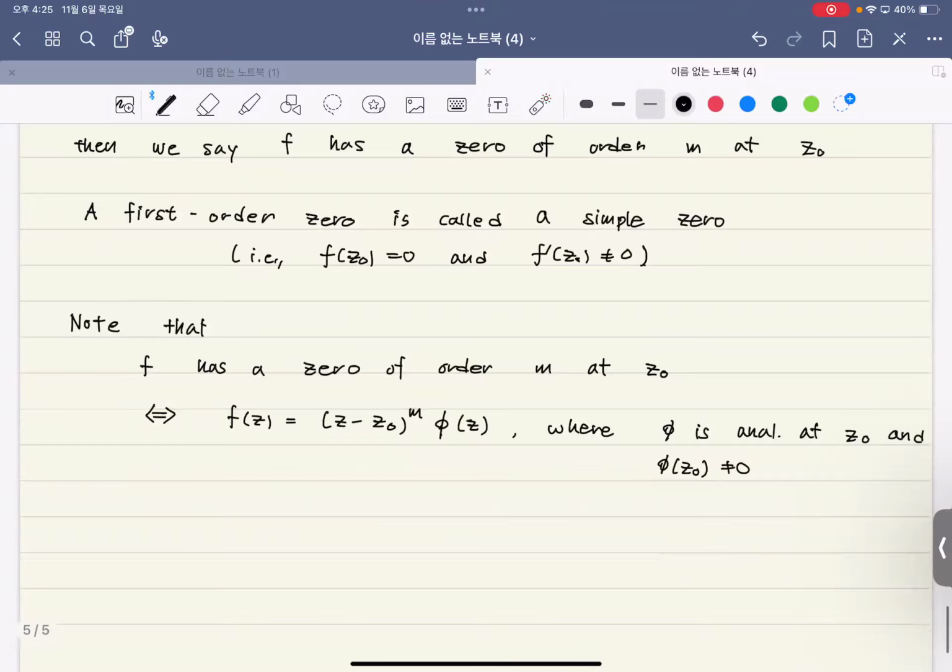Before we move on, I want to give you an example of the order of zeros. What about this function, z cubed minus 1?